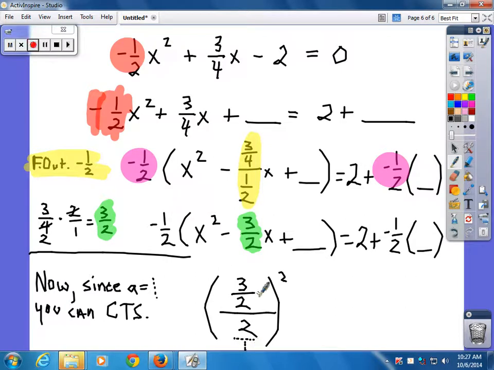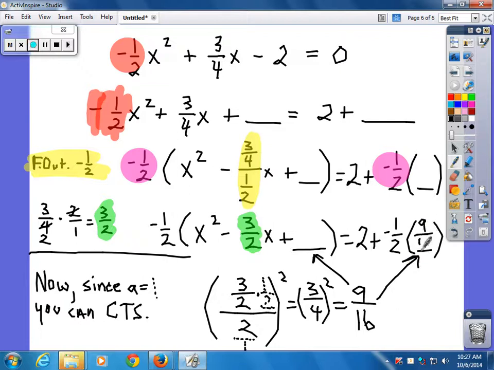So that means I'm going to multiply this by what? 1/2. And that gives me 3 what? 3/4. And now I square that, that gives us what? 9/16. Okay?